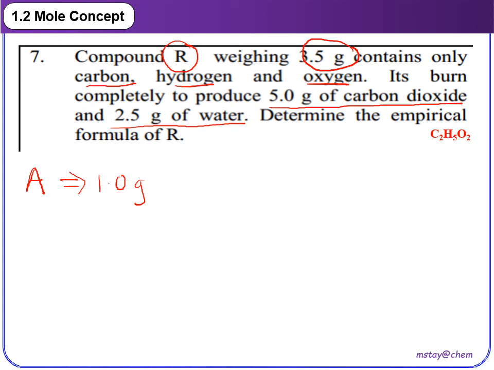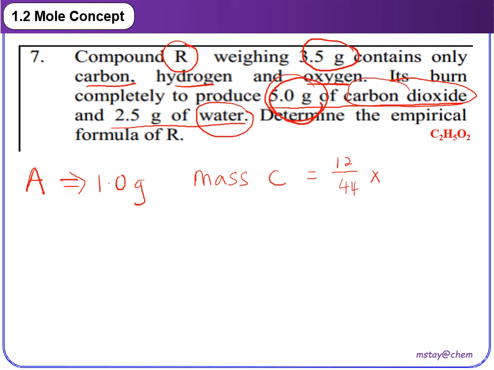So basically, again, they also give us the mass of carbon dioxide and the mass of water. If you want to find out the mass of carbon, it is always equal to 12 over 44. This time, the mass of carbon dioxide given in the question is 5 grams, so we are going to multiply with 5. Let's say later you will get the value A. And then for the mass of hydrogen, it is still the same.